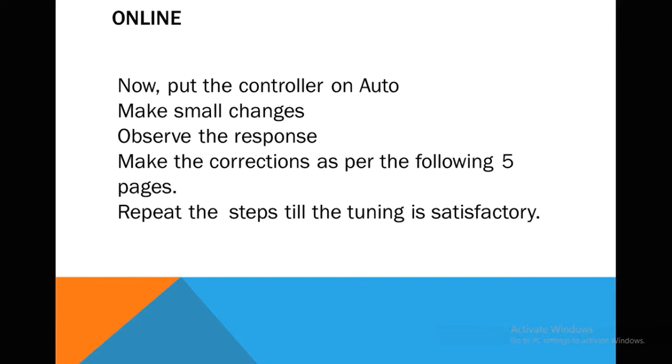There are 5 pages given after this. After every change, you see which of the 5 pages given are relevant and make the corrections. And you do it a couple of times, until you are perfectly satisfied with the performance of the controller.